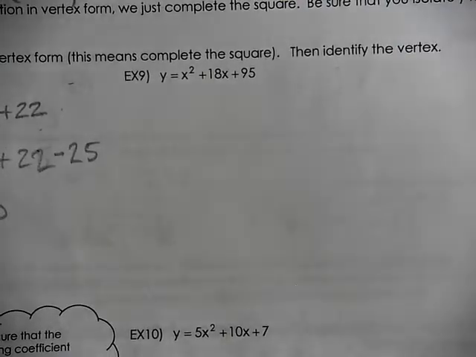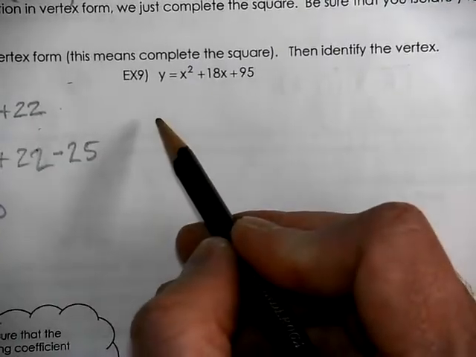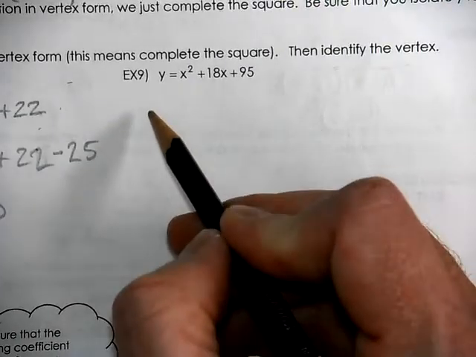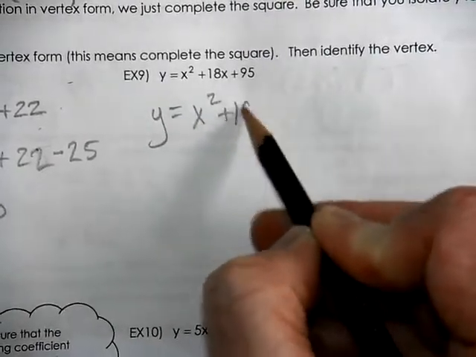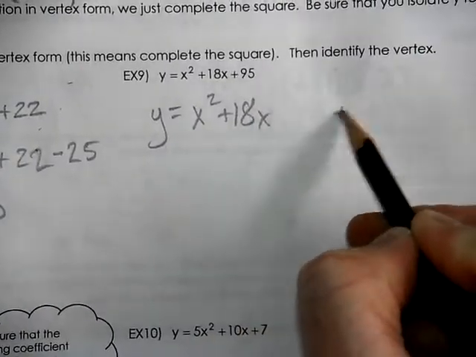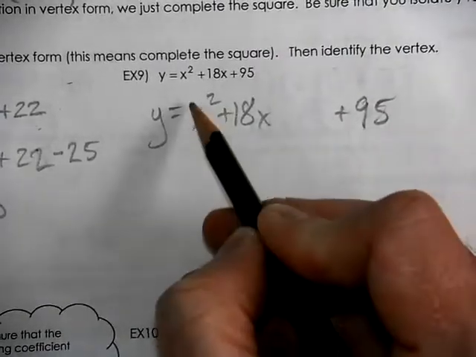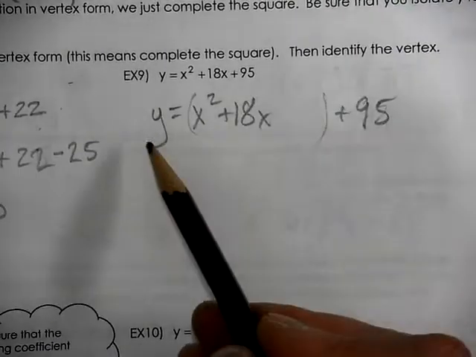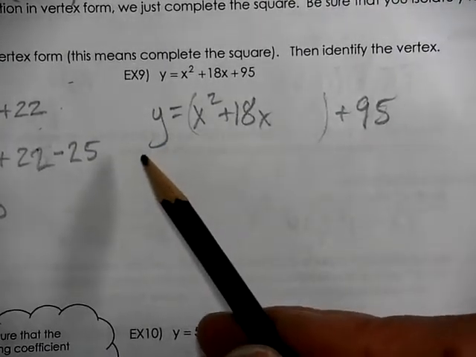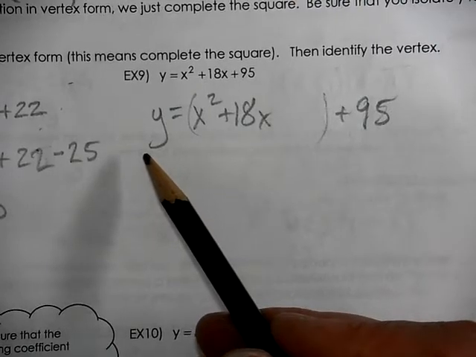Let's try it again on this side. So I push my 95 off to the side. You can switch it over to the left side if you like, if that makes you more comfortable, that's just fine.